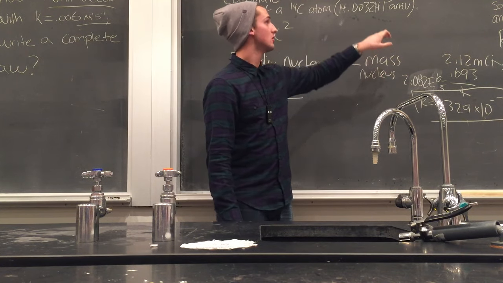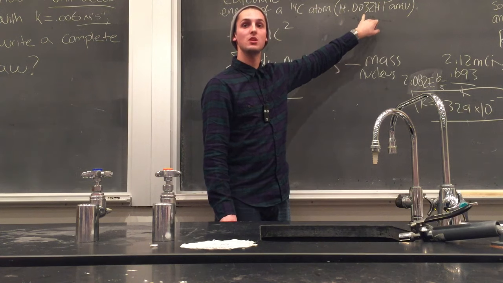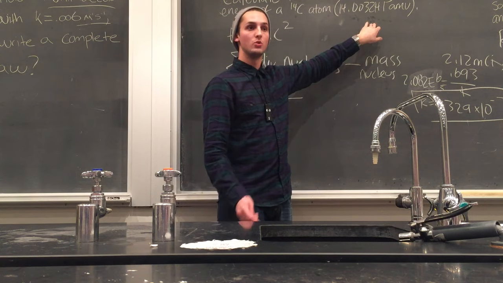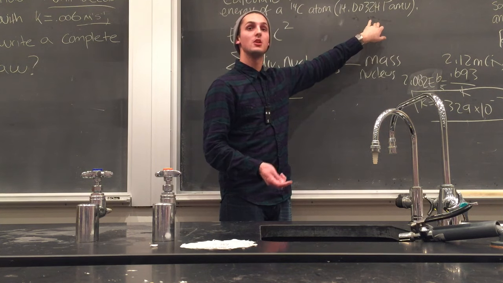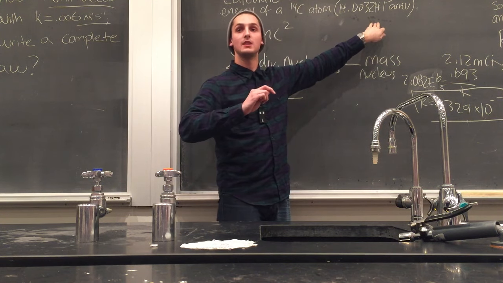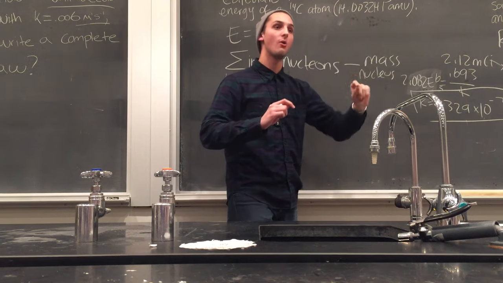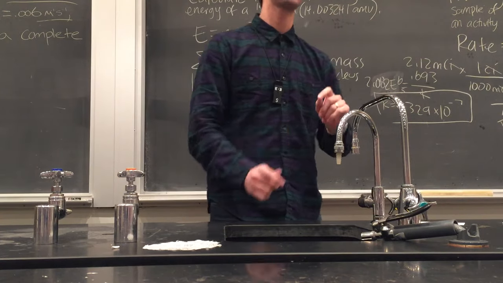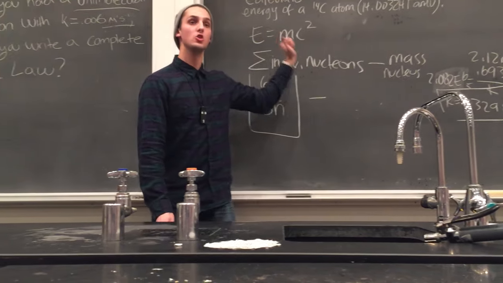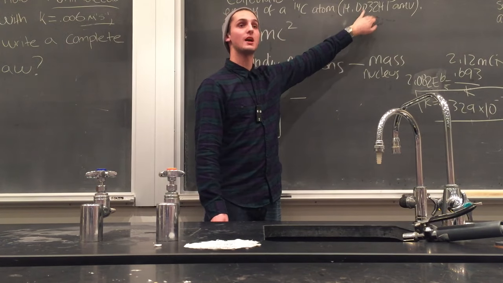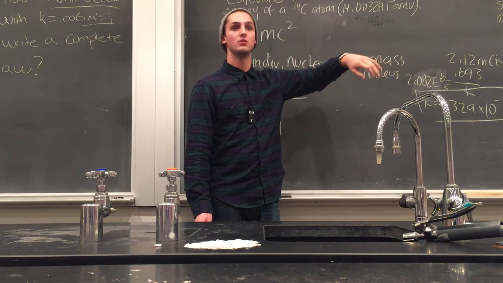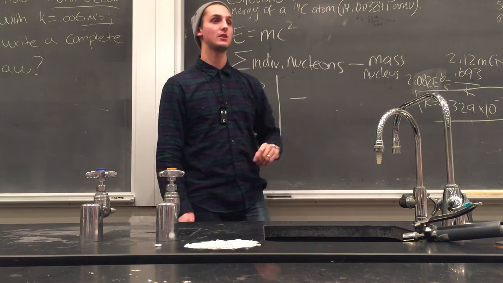So what I have to do is convert this amu into kilograms, which you can do from your equation sheet. Once you have it in kilograms, you have to subtract out the mass of the electrons, okay? You always have to subtract out the mass of the electrons, so we're only comparing nucleons to nucleons. If you just plug in this mass, you will get it wrong, okay? You have to subtract out the electrons.